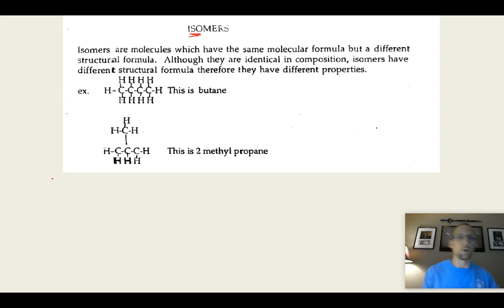So isomers, and here's the definition if you want to underline this on the worksheet. Same molecular formula, but a different structural formula, right? So that's the definition of an isomer right there. Same molecular, but different structural formula.